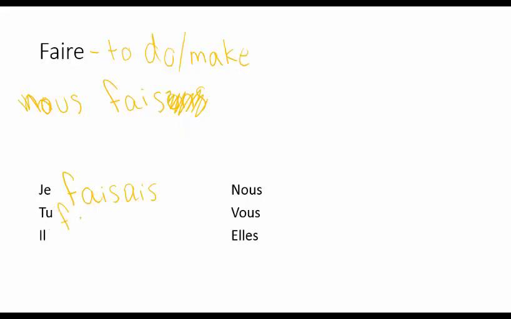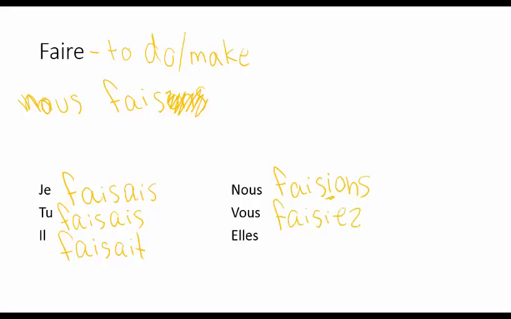Tu faisais. I just like to jump the gun a little bit. Il faisait. Nous faisions. Make sure that I is there. Vous faisiez. Now, vous in the past tense does not quite look like its present tense form, but please make sure it's spelled properly. Vous faisiez. Sorry, elle faisait.